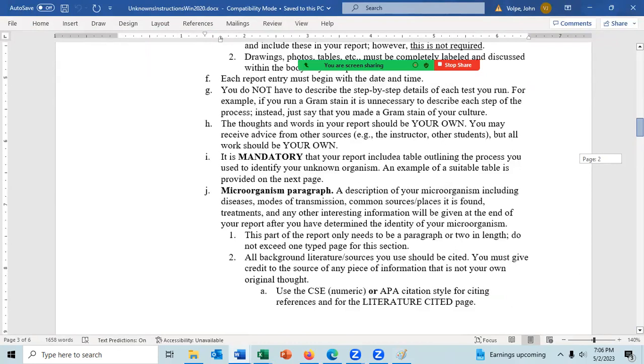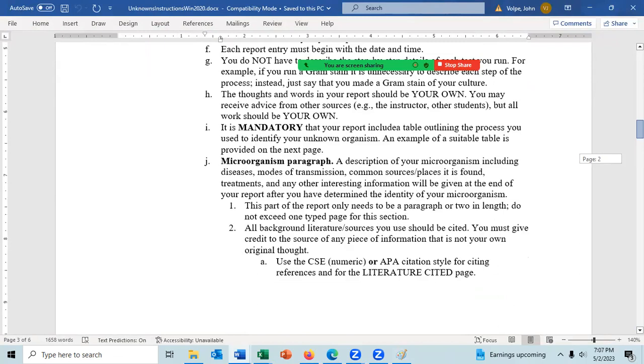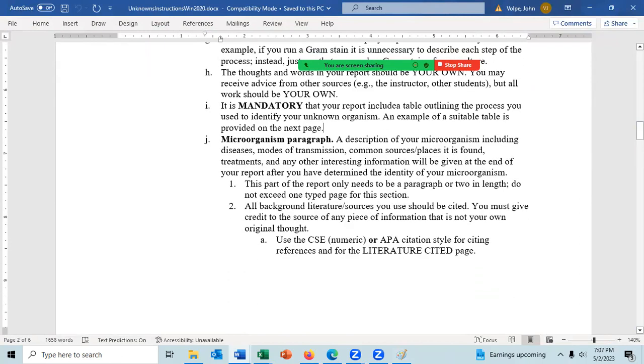You must have a paragraph in your report. It could be as much as 2 paragraphs discussing your microorganism. This will be a description discussing the organism that you think you've identified. You may get the information from Wikipedia.